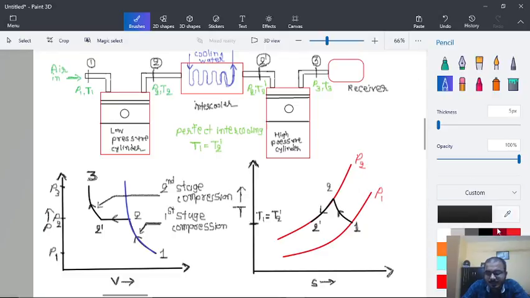Okay, and here this value is 3 prime, and this curve denotes single stage compression.